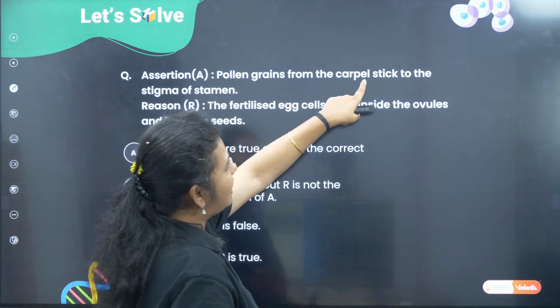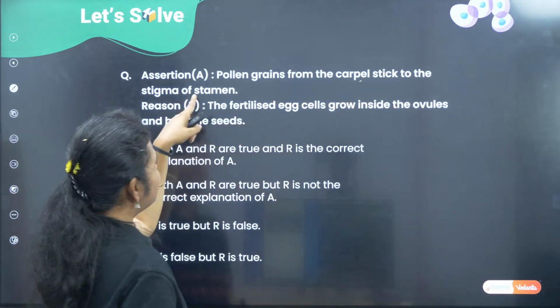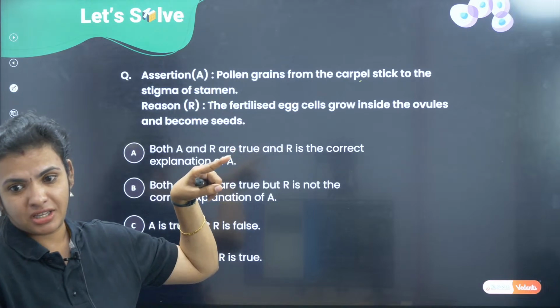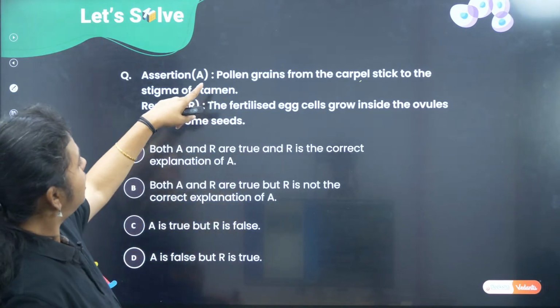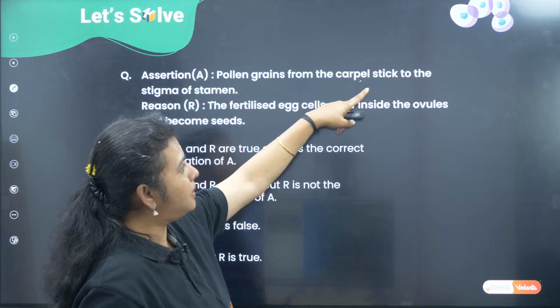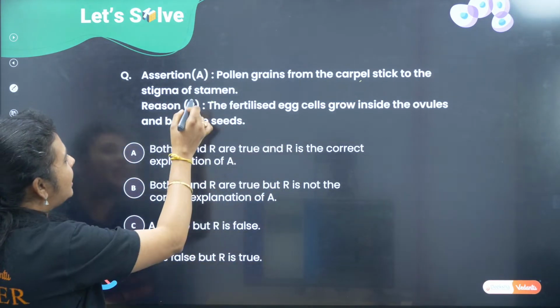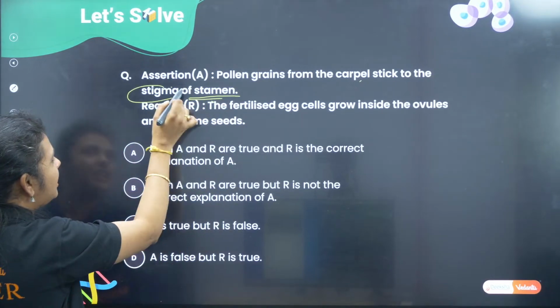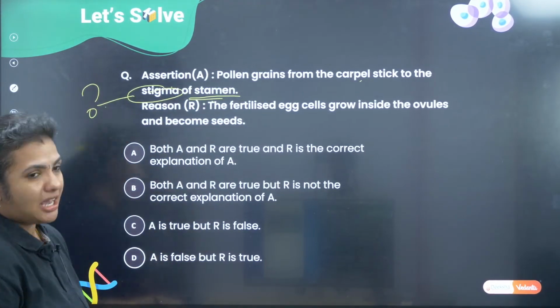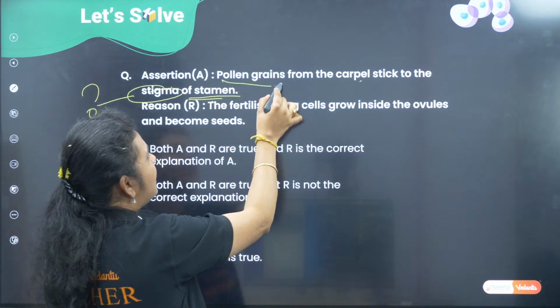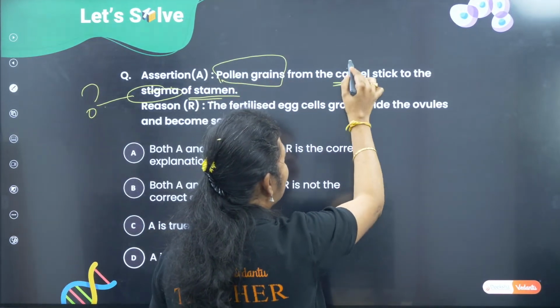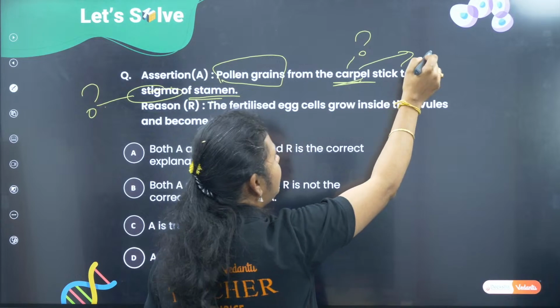Pollen grains from the carpel stick to the stigma of the stamen. Please read it again, children. Pollen grain from the carpel stick to the stigma of the stamen. Does stamen have a stigma in the first place, or does a pollen grain have a carpel? What is a carpel?